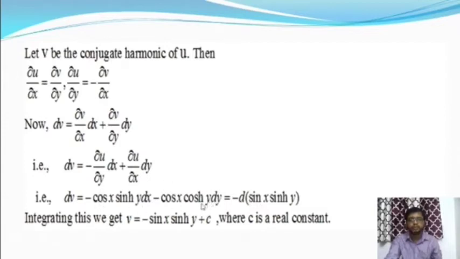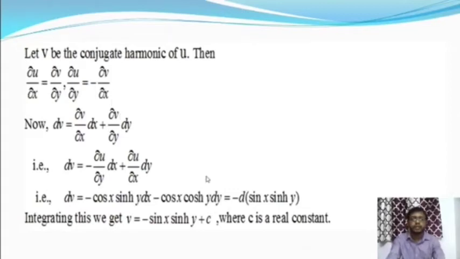Okay, so now integrating on both sides we will get v is equal to minus sin x sin hyperbolic y plus c, and c is the arbitrary constant. This is a real constant. Okay, so this is the conjugate of the function u.